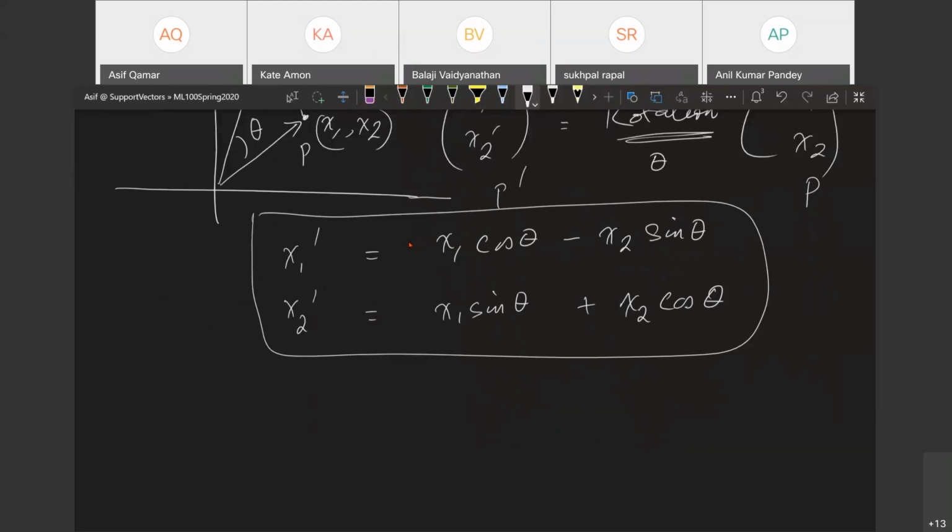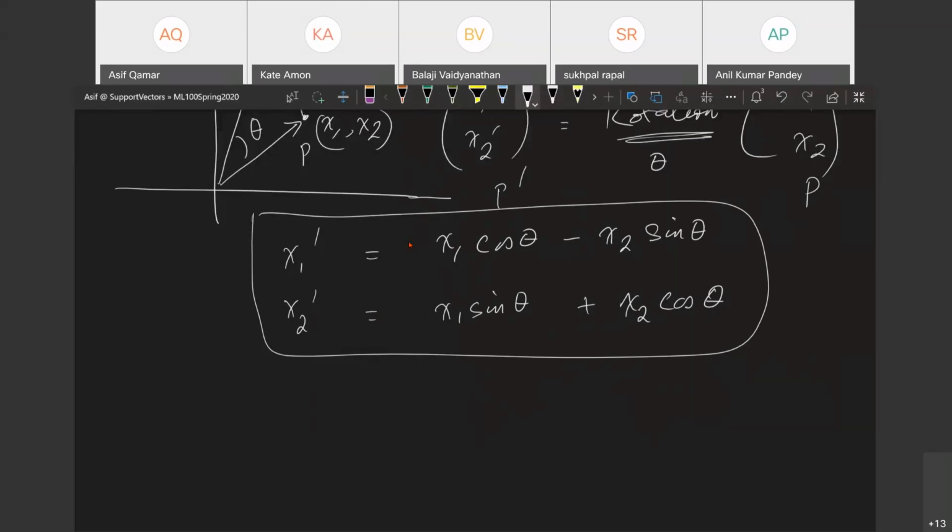Oh, by the way, I might have got my plus and minus between this and this a bit wrong. No, I think this is correct. So do you guys remember these equations? Do you want me to prove it? I can prove it, but we will get into trigonometry. You can take it as a fact of life.